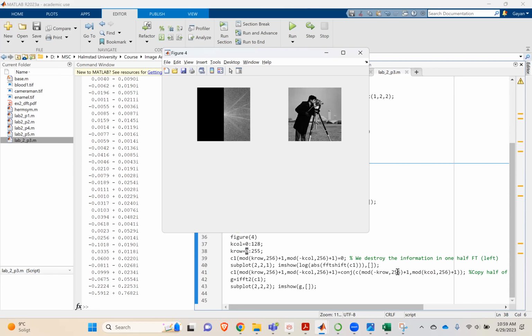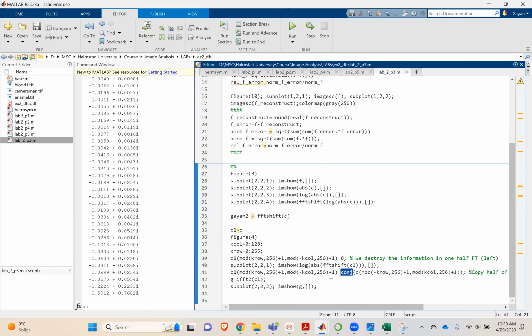Rows he shifted upside down, and for the columns, while destroying, he has given minus. Yes. Then you apply the conjugate, so you get all the values back.